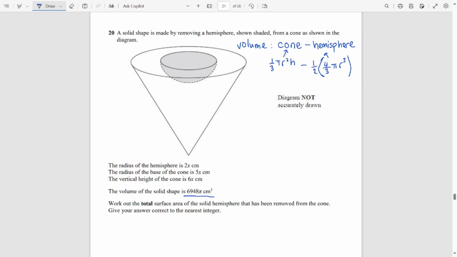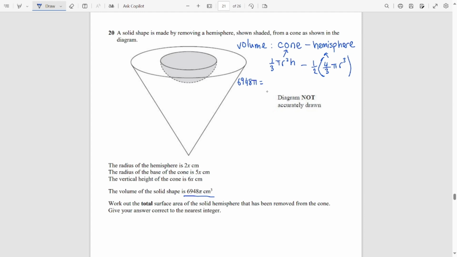But in this case, this is just the formulas I've taken from the formula sheet, and so I still have r and h, but they've given us some values for r and h down here, which we'll now need to substitute in. So let's substitute in what we know about our particular shape. I know volume. Volume is 6948 pi.